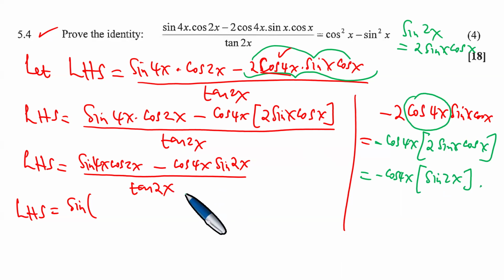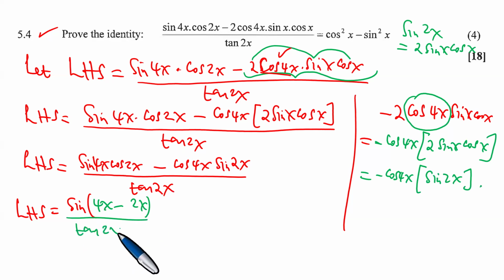Yeah, try to think about it. And then now this one is a nice compound angle formula. What is the compound angle formula for sine of A minus B? So sine of A minus B becomes sine A cosine B, and then you subtract the 2x, all over tangent of 2x.